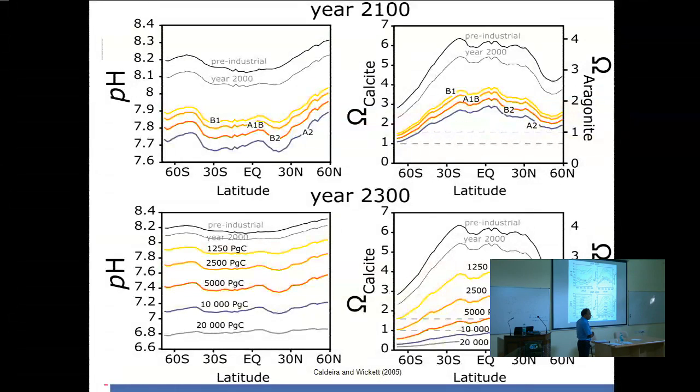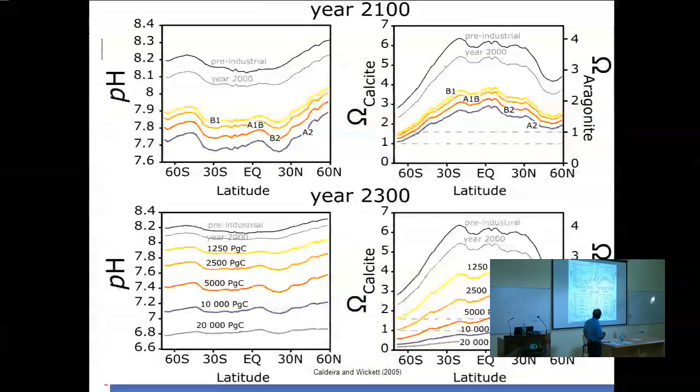These are not unrealistic scenarios. At least these two, up to 5,000 gigatons, are plausible scenarios. If you look at that, for 5,000 gigatons of emission, pH can go down to 7.4. Of course, the larger ones are probably unrealistic amounts of carbon emissions.